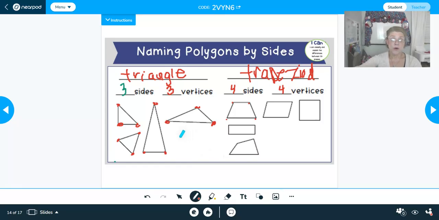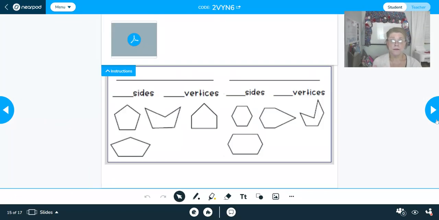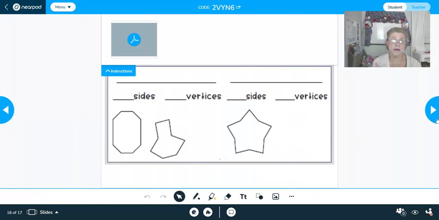Now, for each one, you need to create your own shape. So I'm going to do this and then this. All right. And then you'll do the same for this one and for this one.